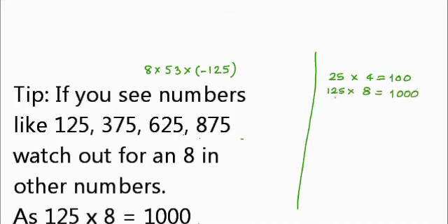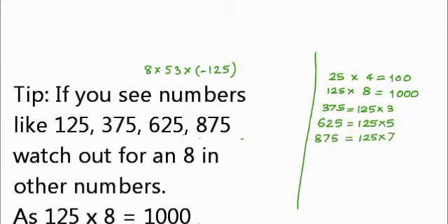Now, 125 has some more multiples which are also important. For example, 375, because 375 is equal to 125 into 3. Same way, 625 is equal to 125 into 5, or 875, which is equal to 125 into 7.